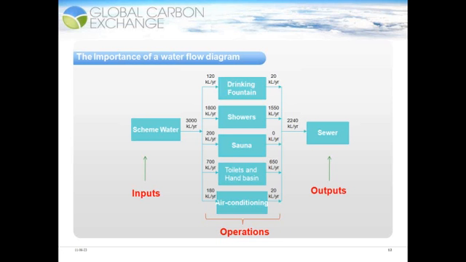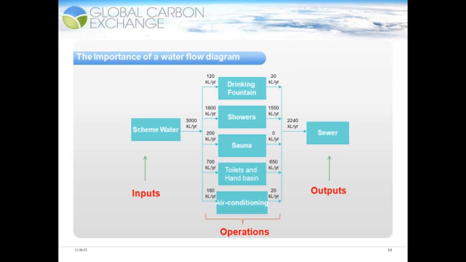From there, that 3,000 kiloliters per year is then distributed to all the different operations. In this instance, the operations are the drinking fountain, a shower, a sauna, toilet and hand basin, and air conditioning units. And each one of those will have a differing quantity of water flowing into it depending on the specific use.